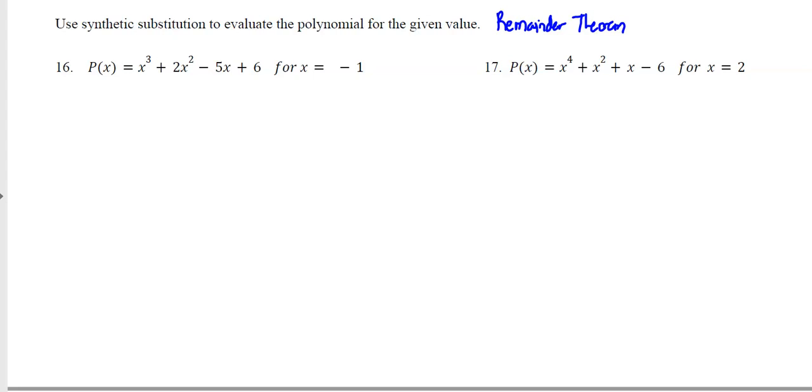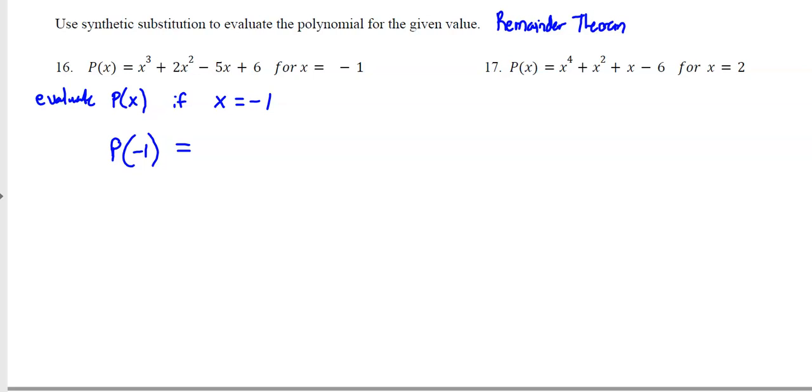So if I said evaluate p of x if x equals -1, or basically, we did functions earlier this year, find p of -1, which basically means plug -1 in there.